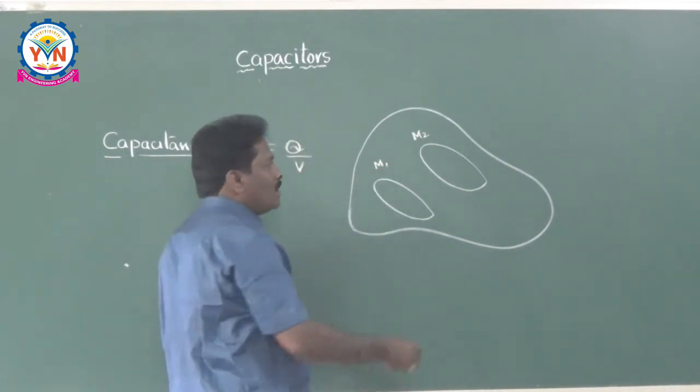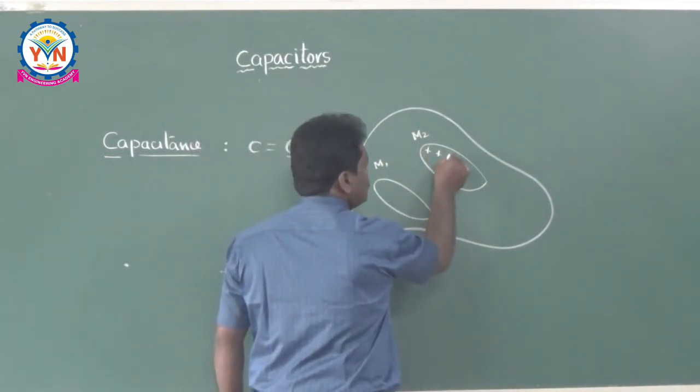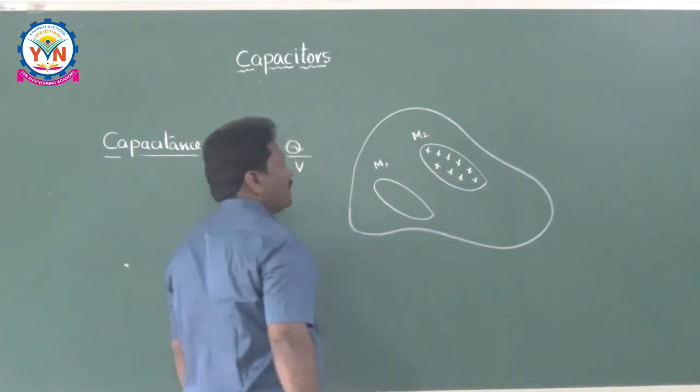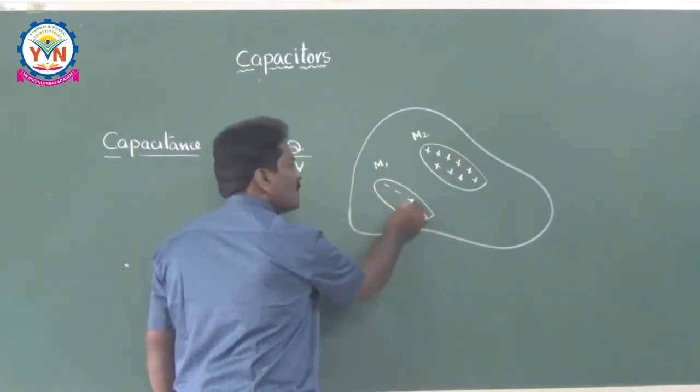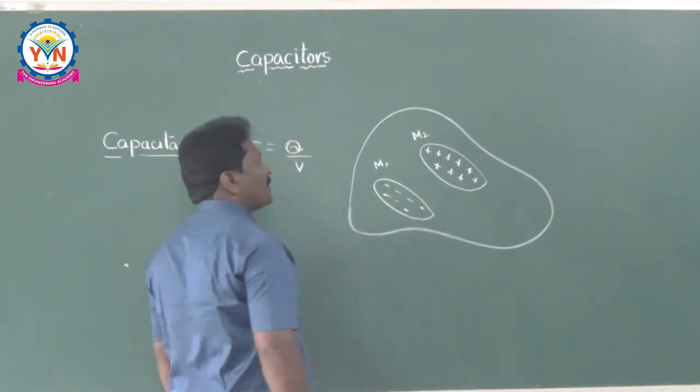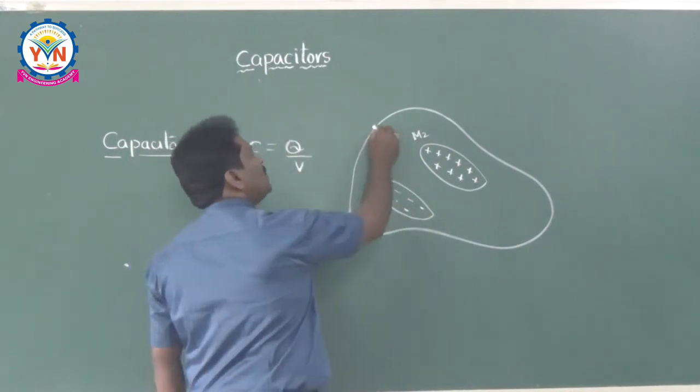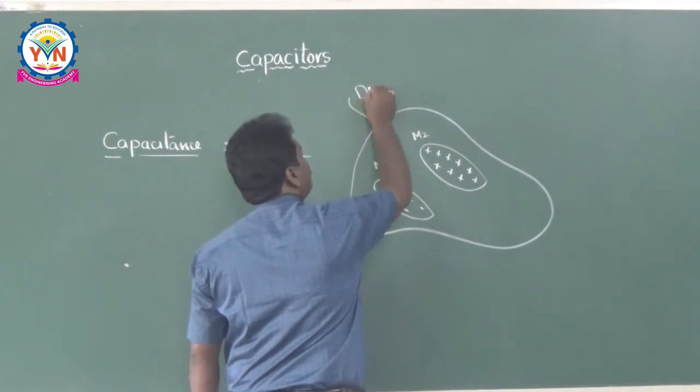M2 is a positively charged conducting plate, whereas M1 is a negatively charged conducting plate. And I already told you this is nothing but a dielectric slab.